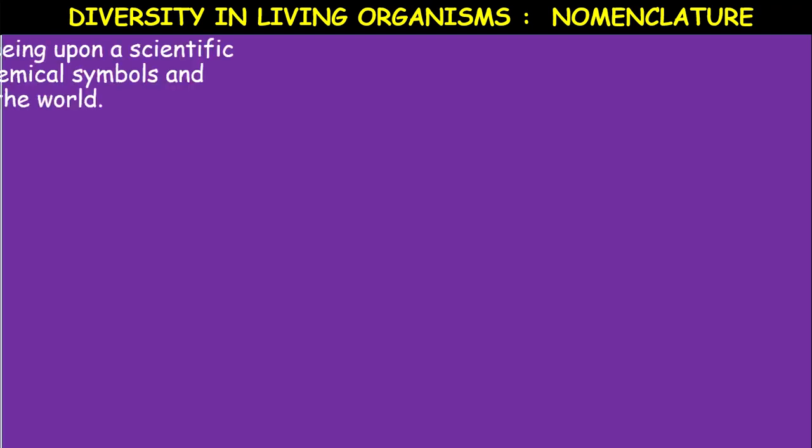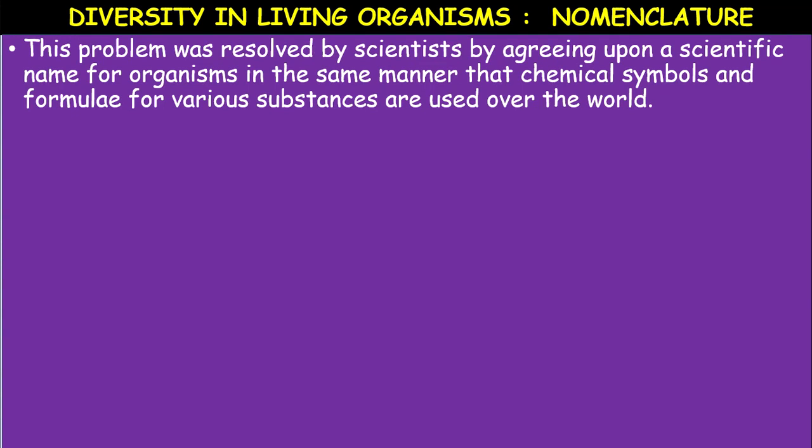Okay, naming and grouping of organisms is called classification. Taxonomy is the science of classification. Carolus Linnaeus is the father of taxonomy. So this problem of confusion was resolved by scientists by agreeing upon a scientific name for organisms, in the same manner that chemical symbols and formulae for various substances are used over the world.